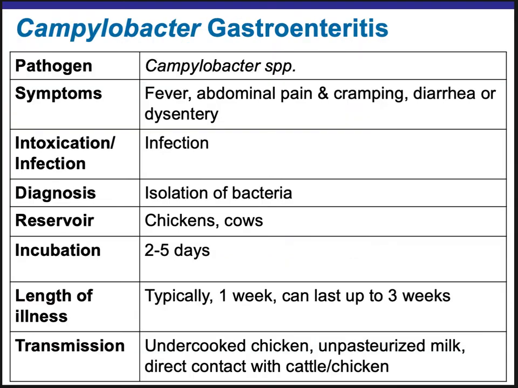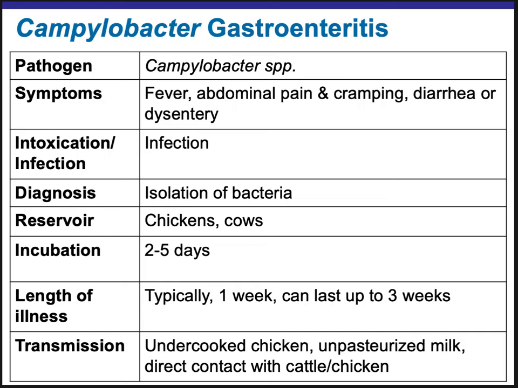Okay. So Campylobacter, different species, is all over chicken. Almost all chicken is contaminated with Campylobacter, and even 60% of cows excrete it in their feces and also in their milk.